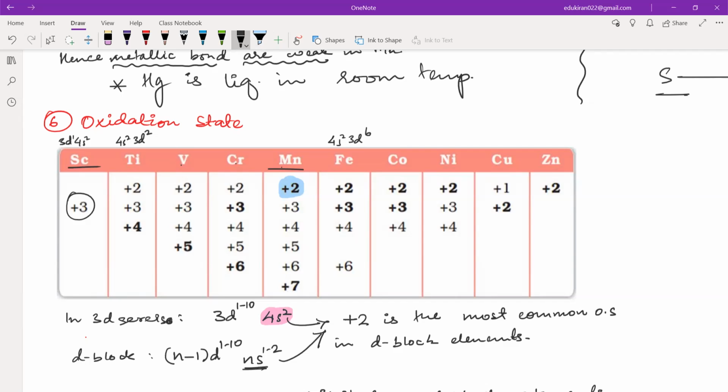Low. Now I have an oxide of manganese in which manganese is showing the +2 oxidation state. What is the oxidation state of manganese in that oxide? +2. Very good.